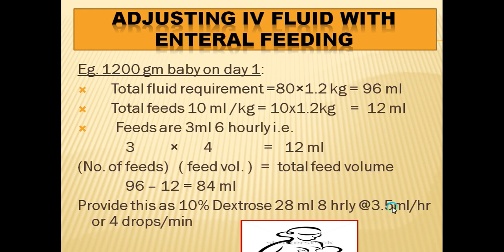Our answer will remain the same. That is why our drop factor is 4 drops per minute. So the IV drip is 84 ml at the rate of 4 drops per minute, and the baby will be breastfed 3 ml 6 hourly, so that the baby will get 12 ml. So total 84 plus 12 is 96 ml.